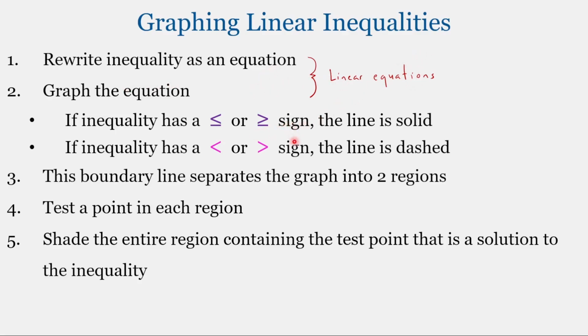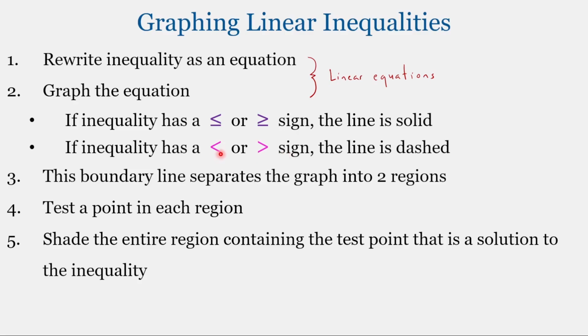Now how we actually draw the line, whether the line is solid or dashed, will be based on whether or not equality is included. If we have less than or equal to or greater than or equal to, we'll include a solid line, indicating that all the points on the line itself are included as part of the solution.